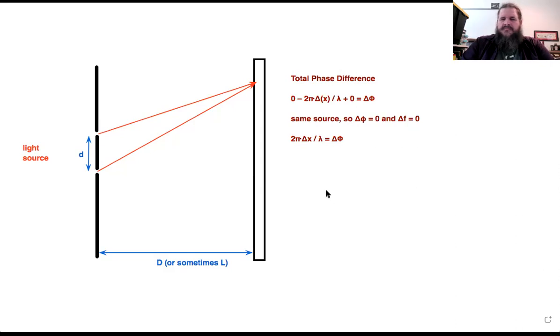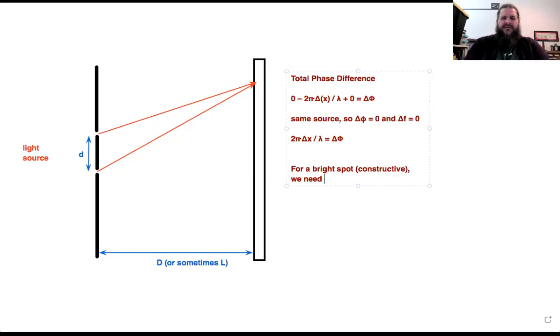And let's say we specifically want constructive interference. In other words, a bright spot. Because constructive interference for light means we get a bright spot on the wall. So what has to be true in order to get constructive interference? The total phase has to be what, like 2n pi?